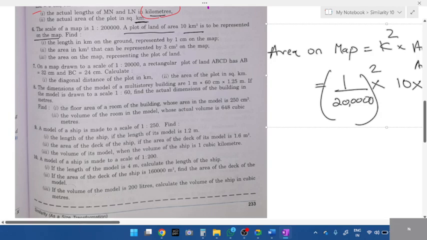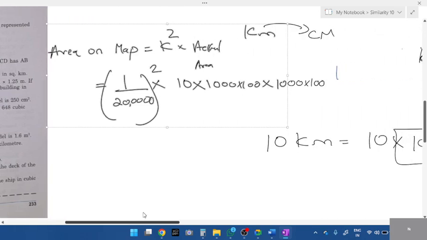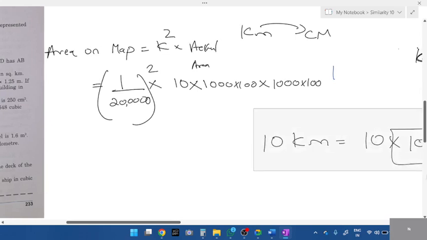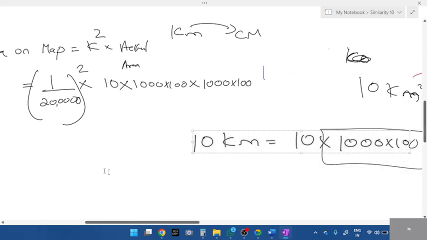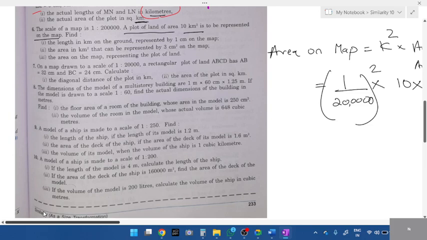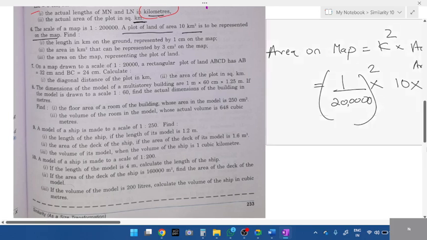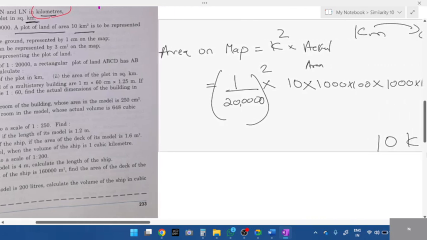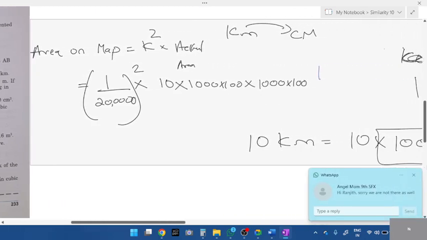Okay. First area value is given, land of area. So use area, students. Let us find the area of map. First find area, then we'll find the side value. Tanishka, what is given here? Area is given, right? The word area. Let us use the area formula. Tell me the area formula now.